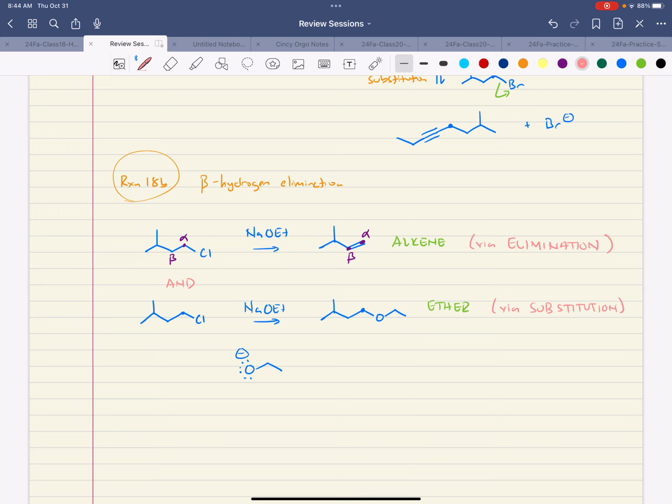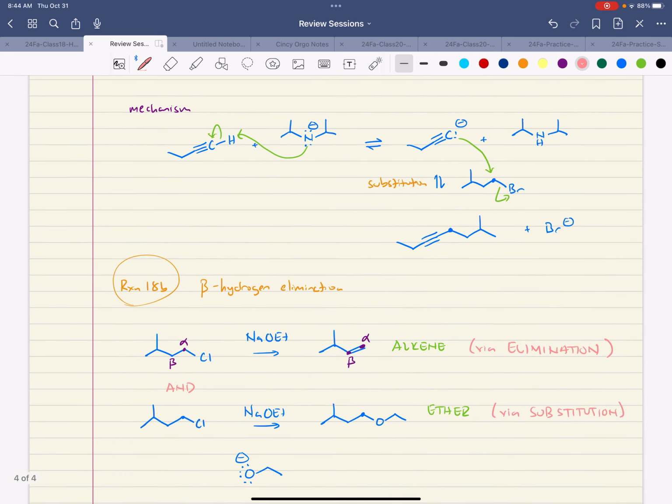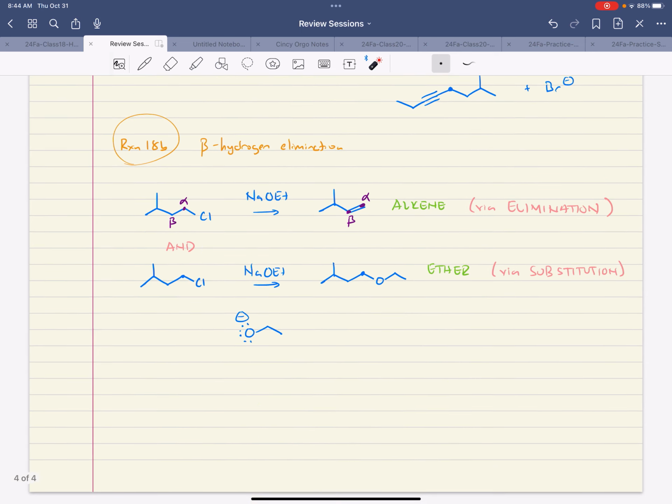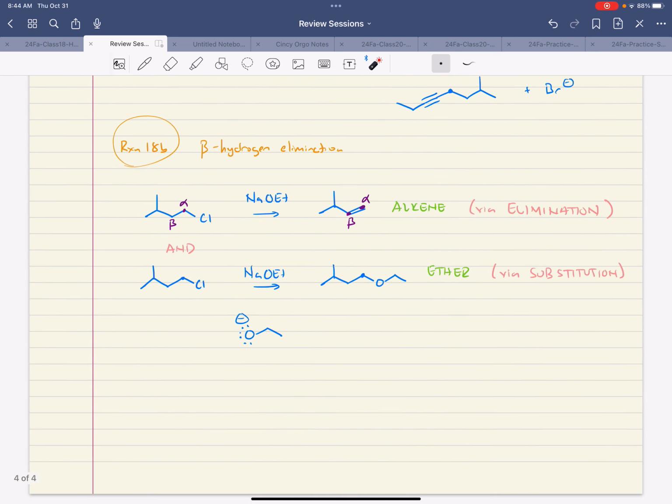Okay. We have seen a mechanism for substitution, but we haven't seen it in the context of a strong base or a strong nucleophile. So listen to what I said. The OEt here acts as a base to remove the beta hydrogen.